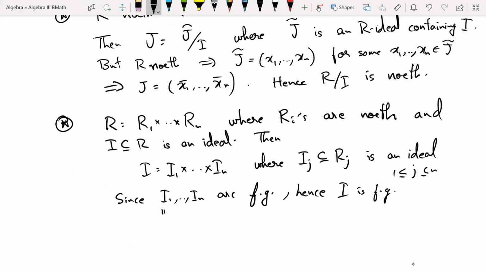If you want, I can show you. Let me write it in terms of notation. Say Ij is generated by xjk, k between 1 and nj. Then you just take all possible tuples.